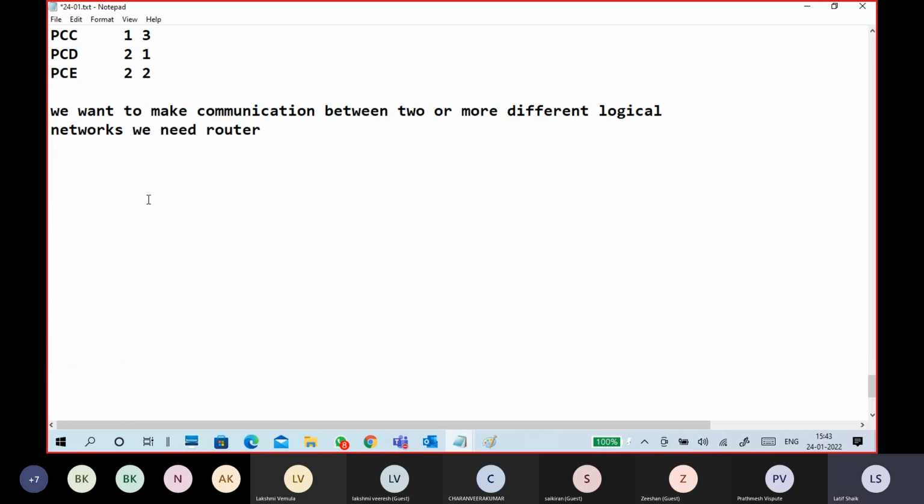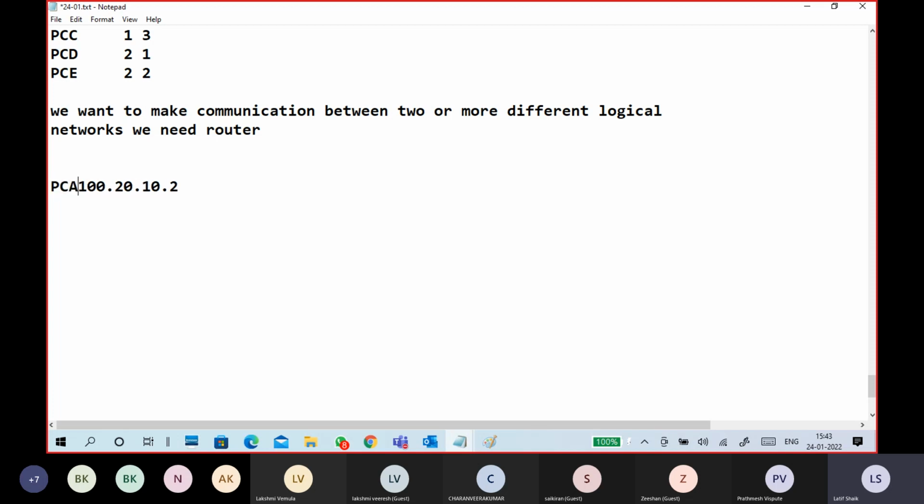Look at the example here: 100.20.10.2. Which class is it? Class A. First recognize which class it is.